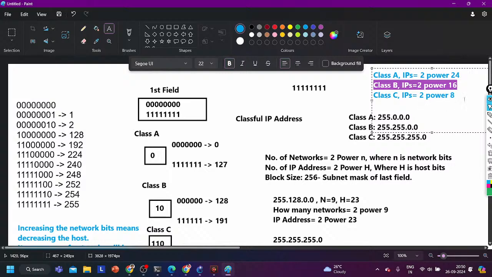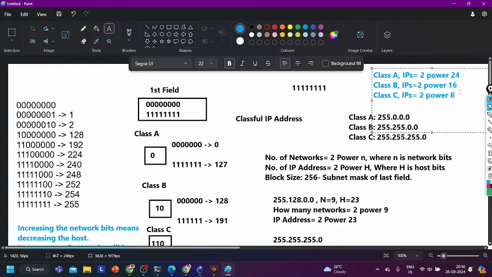But guys, by default we are getting a minimum of 256 IP addresses. We don't have any size of network with fewer than 256 IP addresses. Like if I need to design a network for 10 computers only, I need only 10 IP addresses.